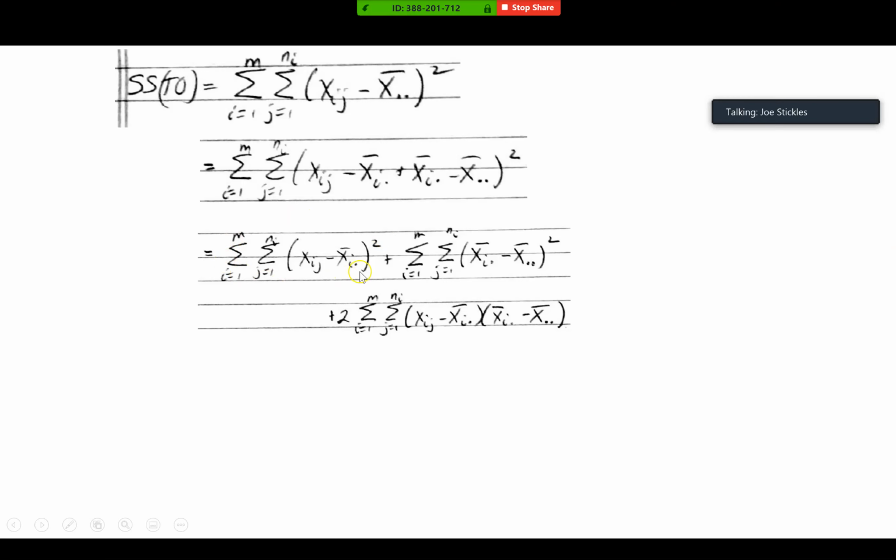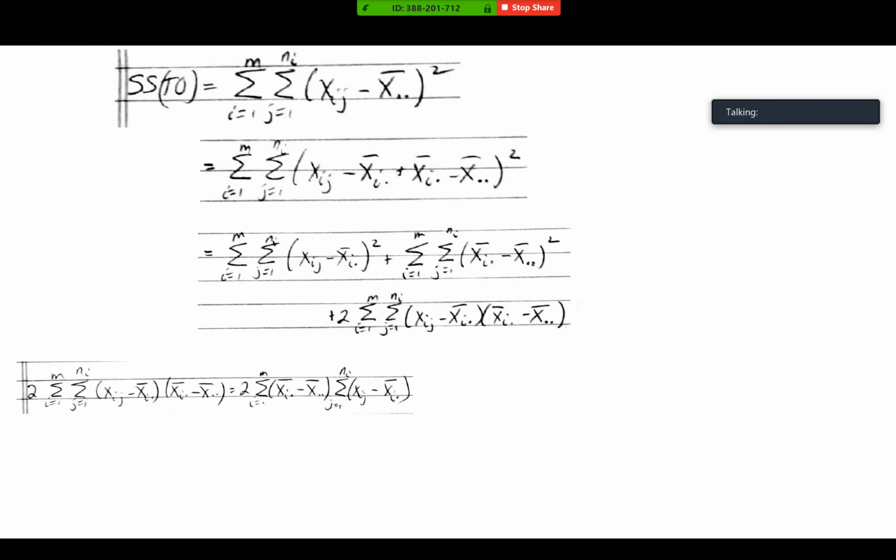This is your error sum of squares. I'm going to focus on the last term right now. So notice that in that last term, this piece has no J's in it. So I can pull it out in front of the sum that does have a J. I can't pull it all the way out because it has an I, but I can pull it out in front of the one with a J.